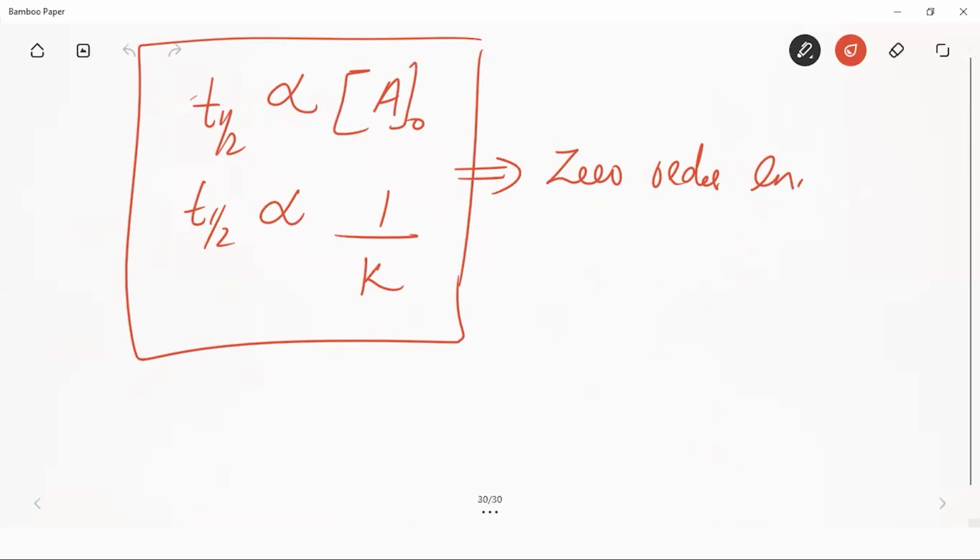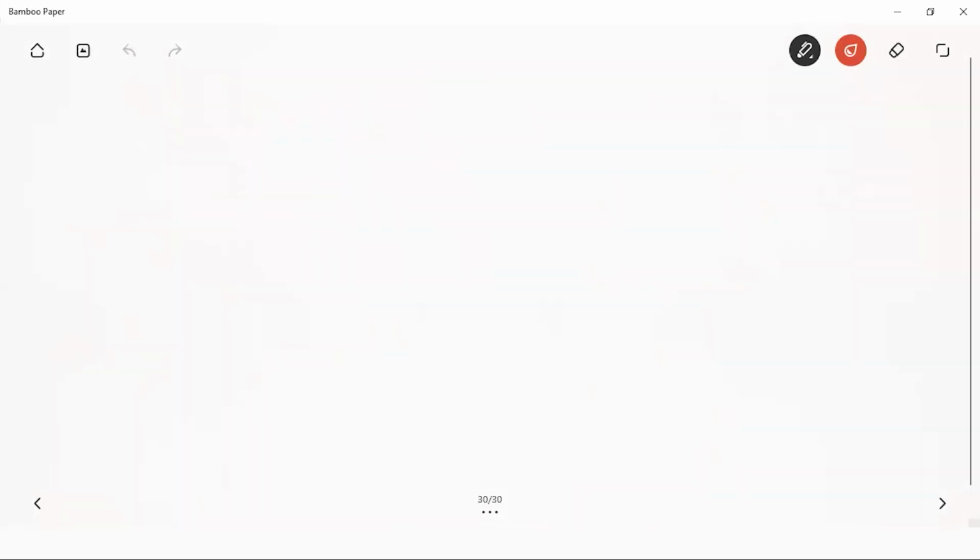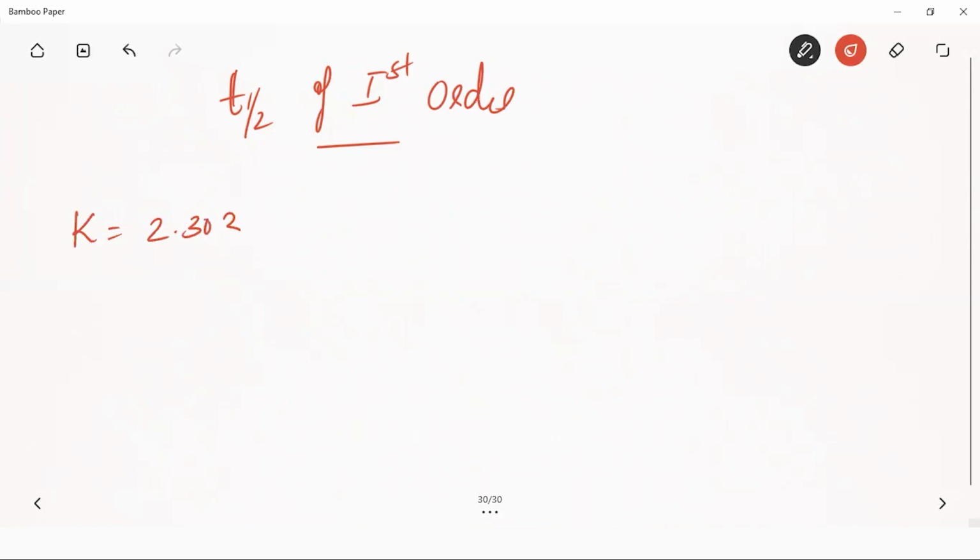Okay, and we will do like this. We have to do the half-life of first order, T half of first order reaction. So what is our equation for first order? K is equal to 2.303 by t log A0 by A. This is our equation.